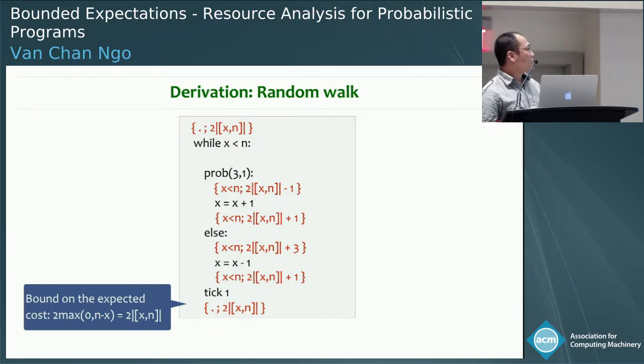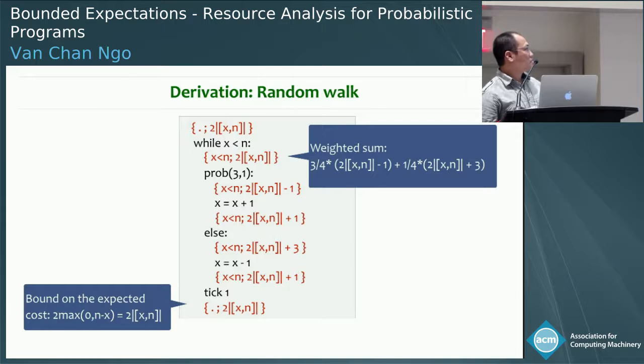Because I execute this assignment with probability 3 over 4, and the other assignment with probability 1 over 4, I assign to the beginning of the probabilistic branching command the weighted sum of this function and this function, right?